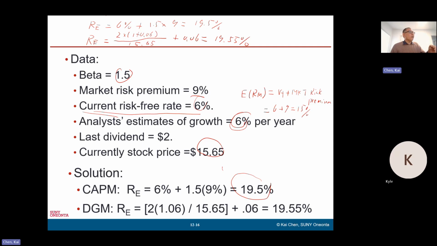If the results are convergent, close to each other, then we can be confident that the estimation is accurate. If the results are divergent, then we should be careful when we use the cost of equity to do something. So that is part one of chapter 12.